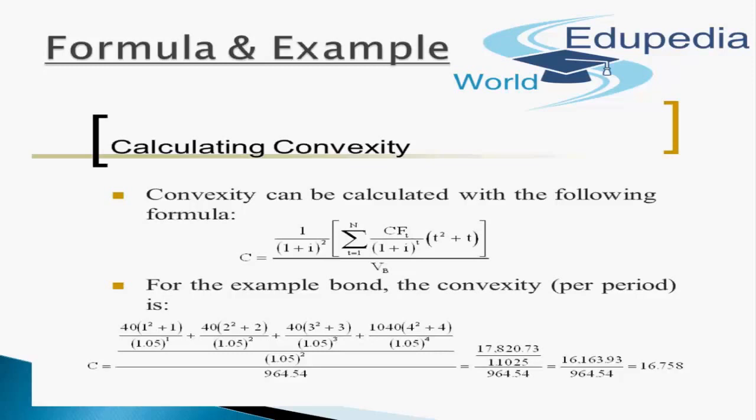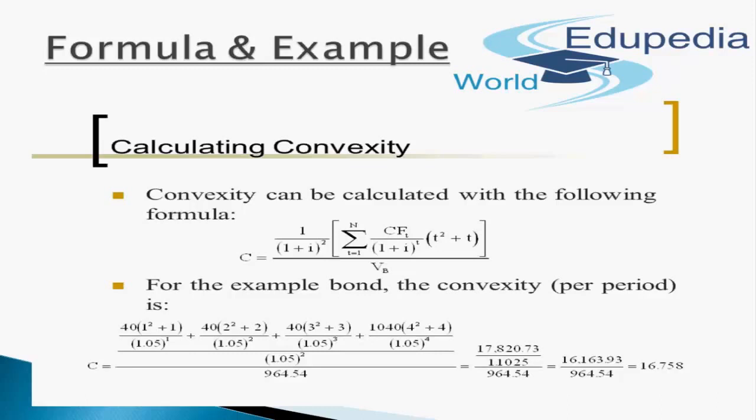So firstly we'll have to calculate the present value of all the coupons, that will be 40, multiplied by 1 squared plus 1, divided by 1 plus yield, and that way it goes.